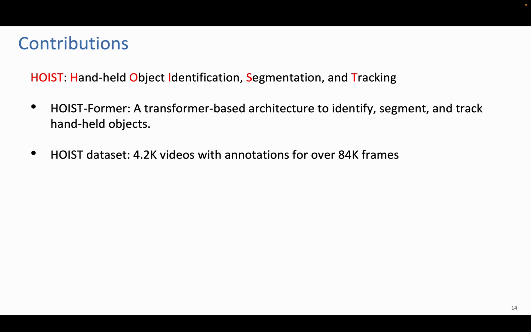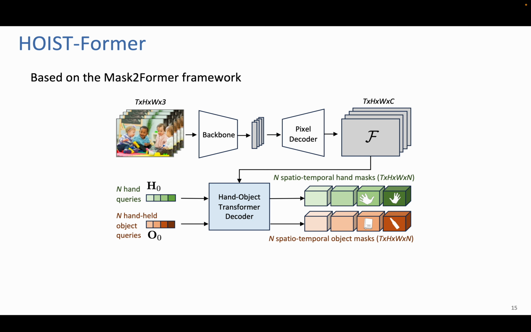Our work has two main contributions. First, we develop a novel transformer-based architecture to jointly identify, segment, and track handheld objects. Second, we develop a large-scale in-the-wild dataset that can be used to train methods for segmenting and tracking handheld objects. Our method, called HOIST former, is a transformer-based architecture.